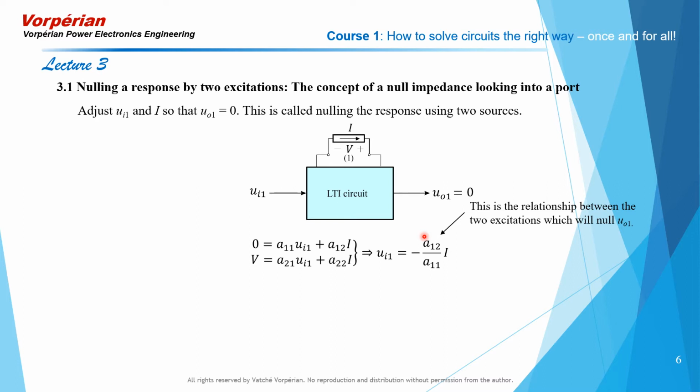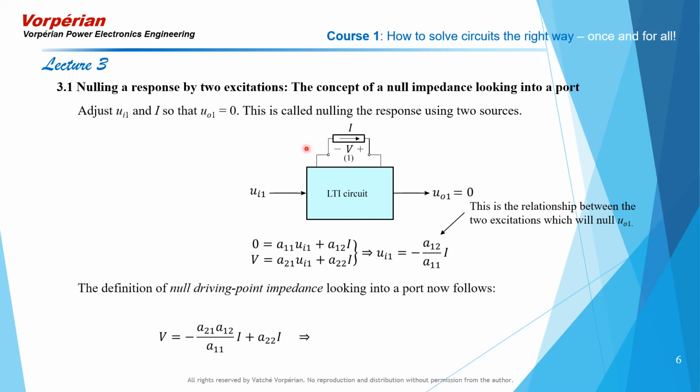Now, with this condition satisfied, meaning with the two excitations being adjusted in a way to set a particular response to 0, I can now define under these conditions the ratio of the second response to the second excitation, which is the ratio of V to I. This is the definition of the null driving point impedance looking into port 1. It is designated with the script Z, superscript 1.